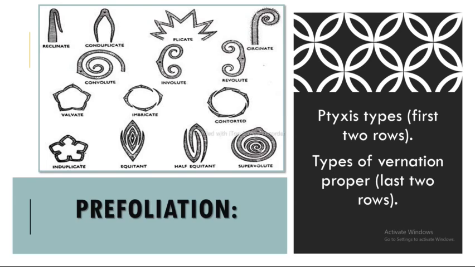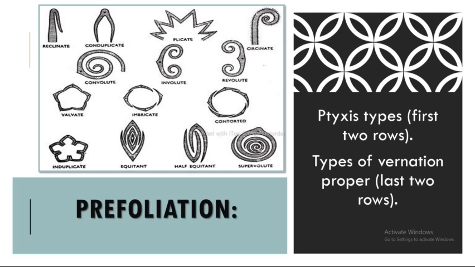Second type of the ptyxis is the conduplicate, a condition when the leaf is folded lengthwise along the midrib, as in the guava, sweet potato, and camel's foot tree or Bauhinia. Third type of the ptyxis is plicate.